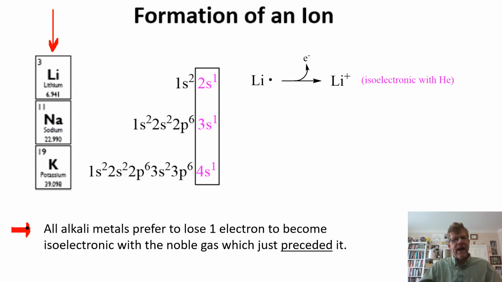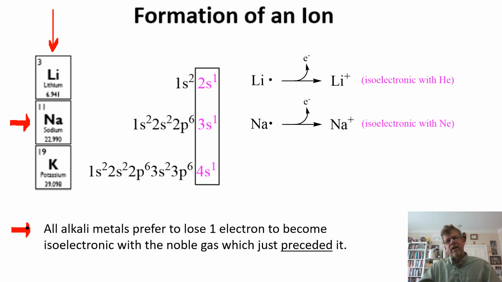Now we can do the exact same thing if we look down at the next one, at sodium right here. Sodium, again, has one valence electron, and if it loses that one valence electron, it becomes singly positively charged sodium. That is isoelectronic with neon. Well, let's take a look.